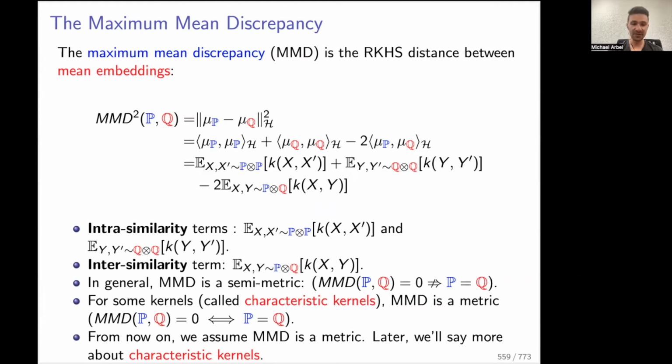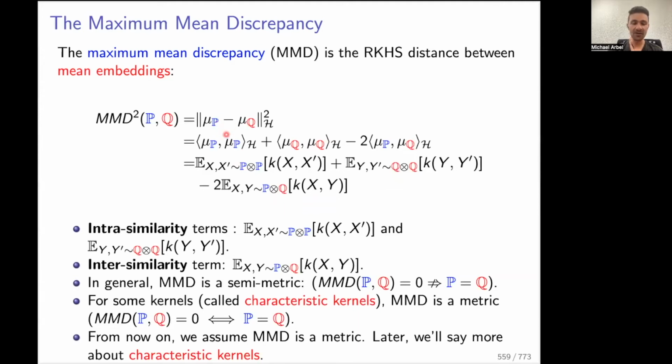But for some particular choices of kernels, which we'll call characteristic kernels, the MMD is actually a metric, meaning that whenever it is 0, it guarantees that the two distributions are equal. Of course, the converse is always true. If P is equal to Q, then they have the same mean embedding, and then the MMD is 0.